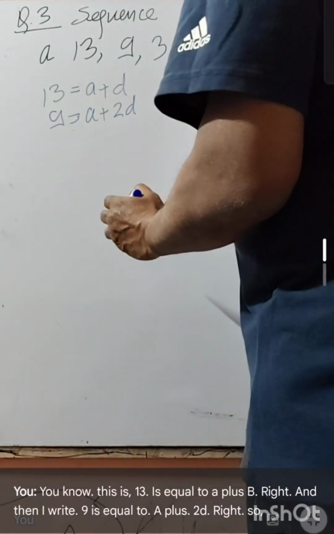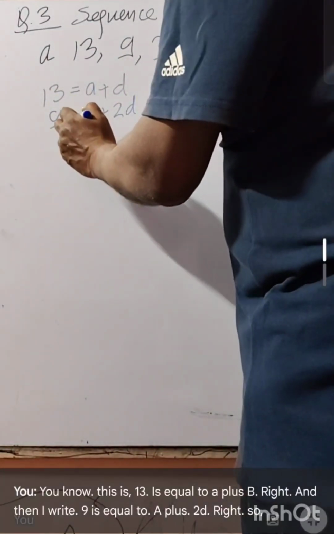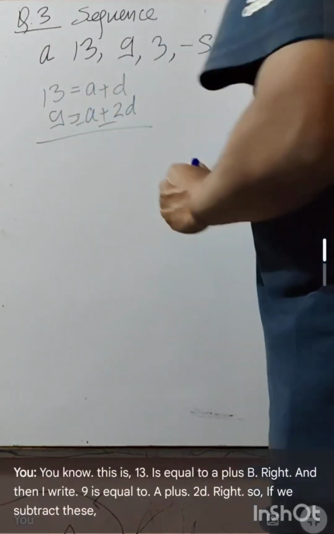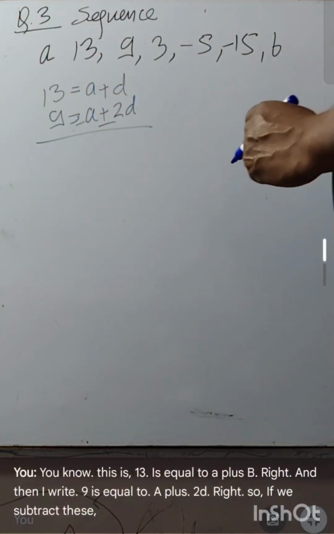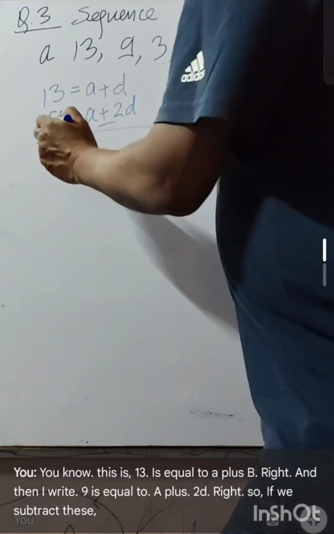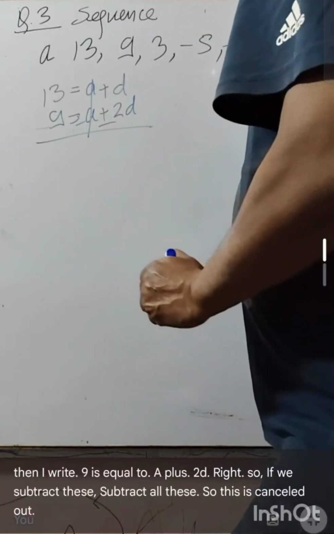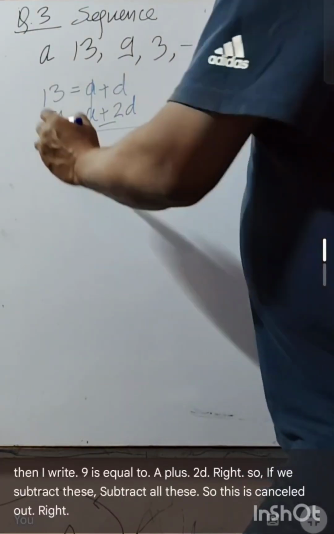So if we subtract these, this A is cancelled out, right?